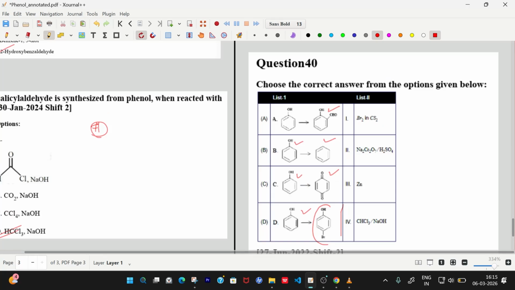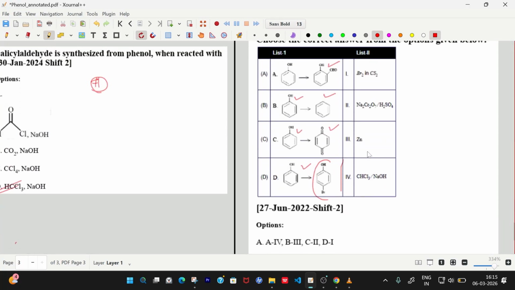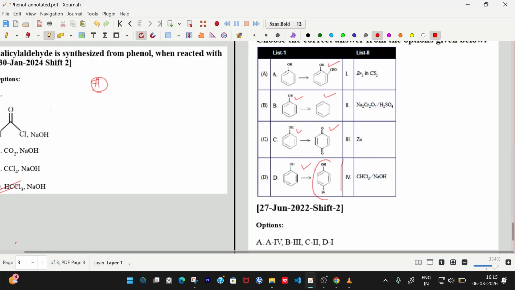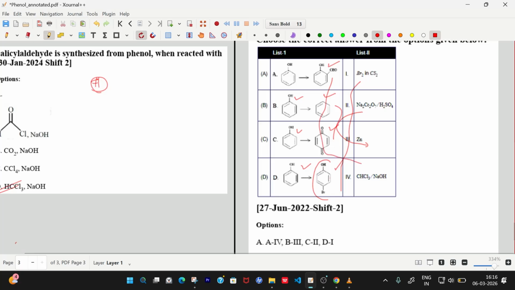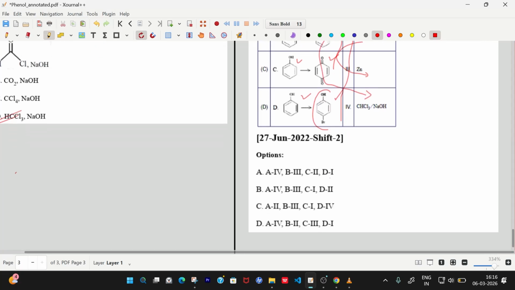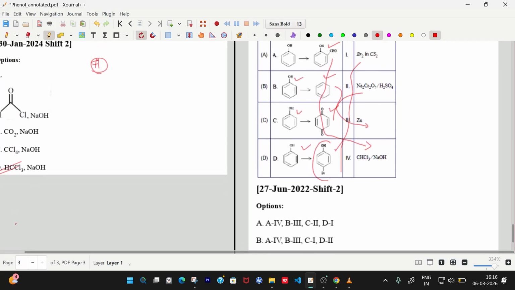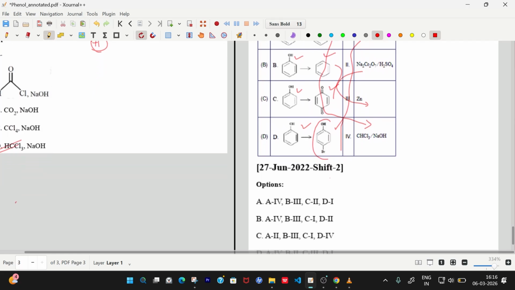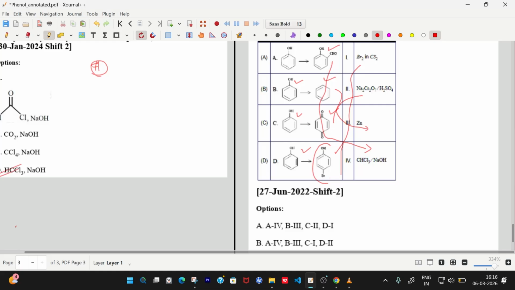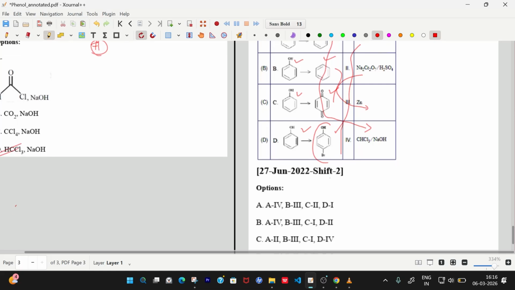After seeing the above reactions, we can see that this is the bromination, so this will go here, and this is the oxidation, this will go here, and this is the reduction with Zn, so this will go here, and this is the remaining part, basically CHCl3 NaOH. So A goes into fourth, B goes into third, C goes into second, and D goes into first. So one will be your correct answer.